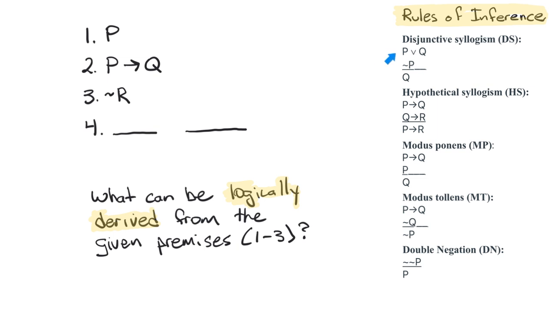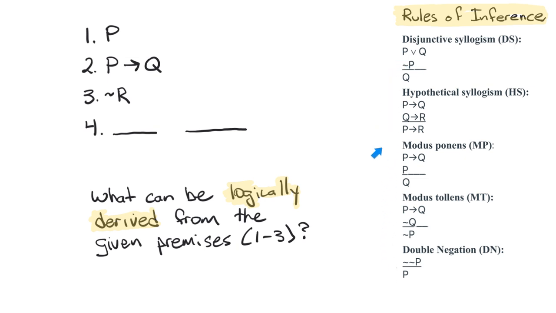For each of these arguments, we could show that there's not going to be any row of the truth table that has all true premises and a false conclusion. Another way to phrase that is that given, for example, the disjunctive syllogism, given P or Q for the first premise, and tilde P, the negated P, it logically follows that Q is true.